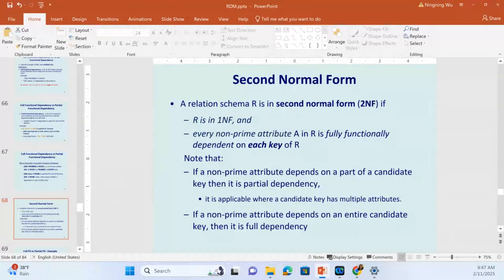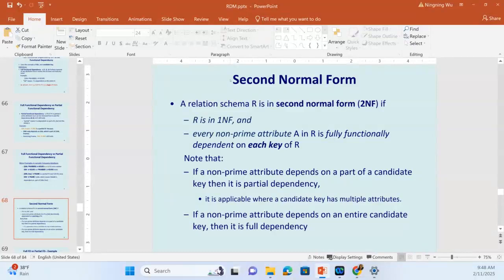The second condition is that every non-prime attribute A in R is fully functionally dependent on each key of R. This basically means that every non-prime attribute must depend on the whole key. If that is true, then the relation schema is in 2NF. So you can tell that 2NF has more conditions than 1NF, so 2NF is stricter than 1NF.